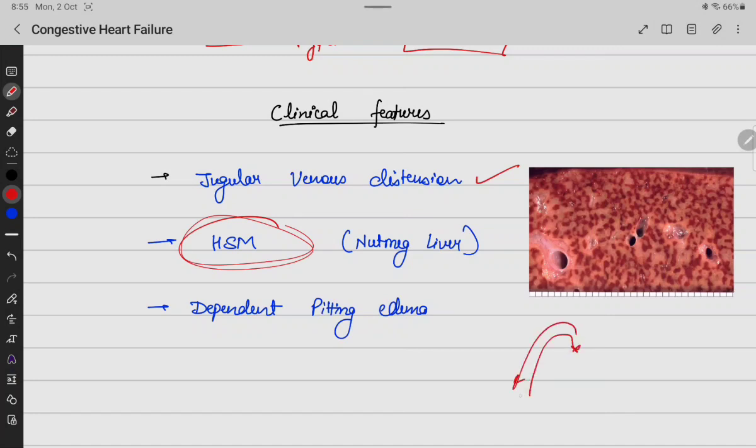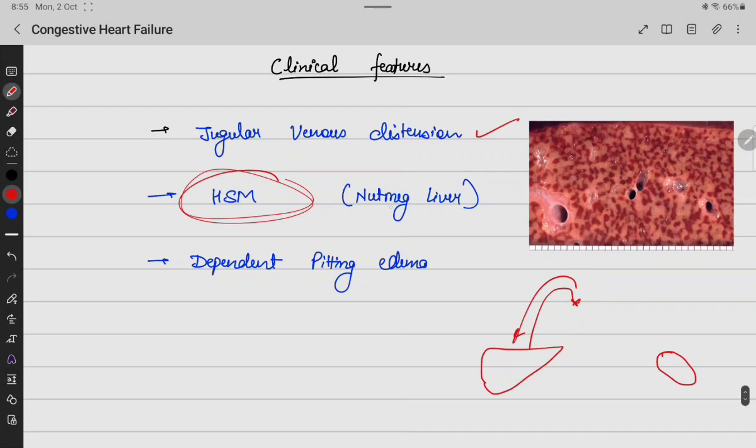The back pressure is causing the liver and the spleen to enlarge. There is this characteristic finding of nutmeg liver. In the photo you can see a lot of tiny distended, congested capillaries because of the back pressure. So this is what we call nutmeg liver.